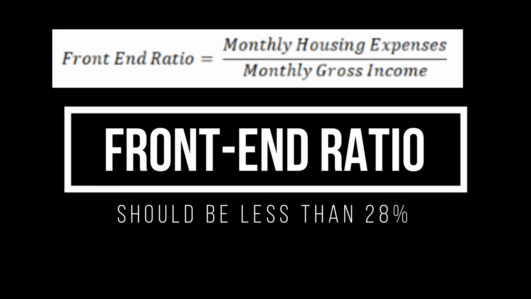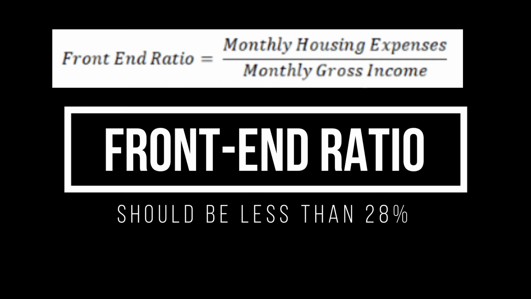And so we use a front-end ratio to help determine whether you have the ability to even borrow, right? And understand that when we take the monthly housing expenses and divide them by your monthly gross income, and we get a decimal that is 0.28 or below, so like 28 cents or below, then you're qualified. If it's more than 28%, you're not going to be qualified to buy this home.